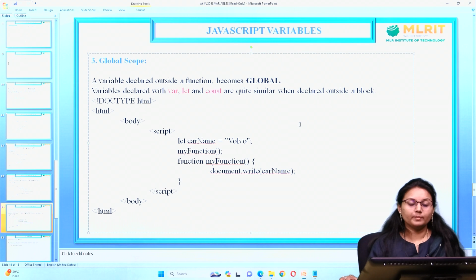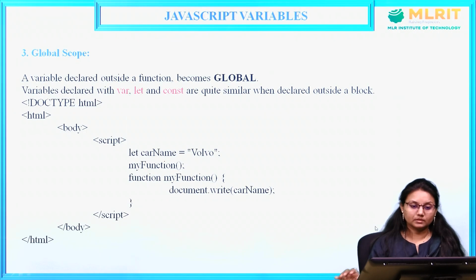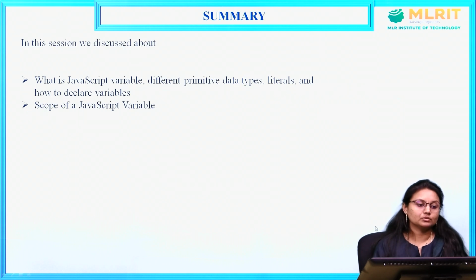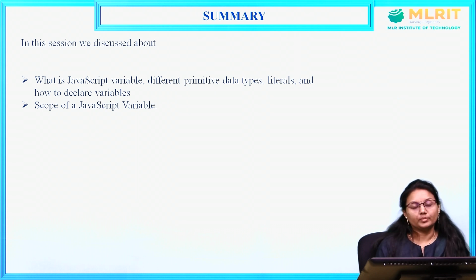Within the scope or outside the scope, you can define the variables. There are three different scopes. In this session, I have told you how to declare a JavaScript variable, what the different primitive types like numbers and strings are, and literals we have also discussed, and the scopes using let, var, const, and locally and globally, how you have to define them. Thank you all.